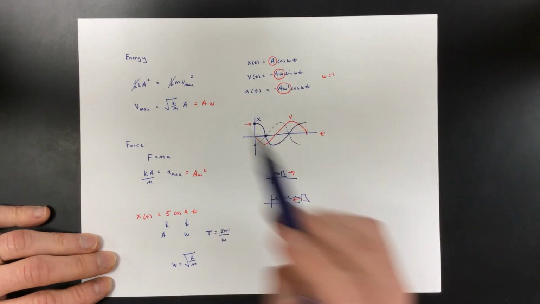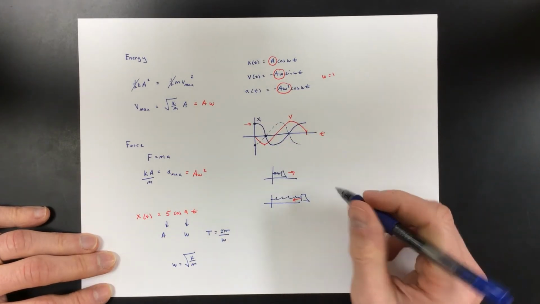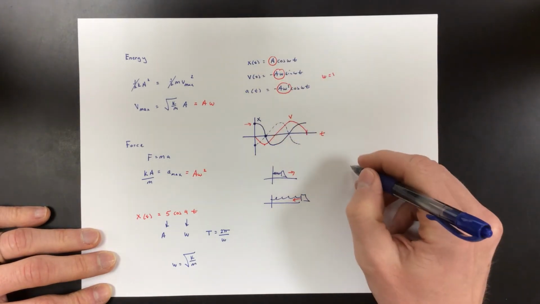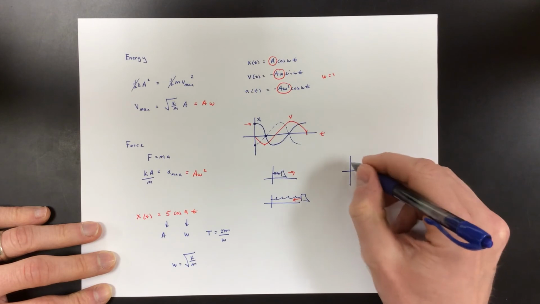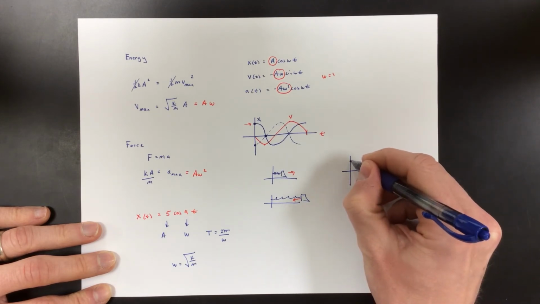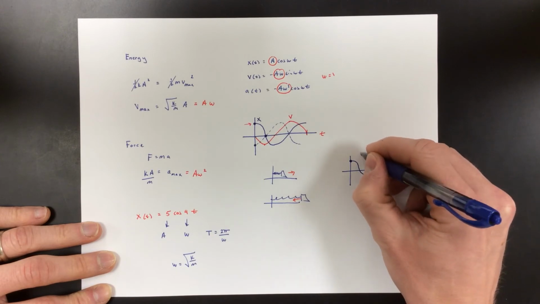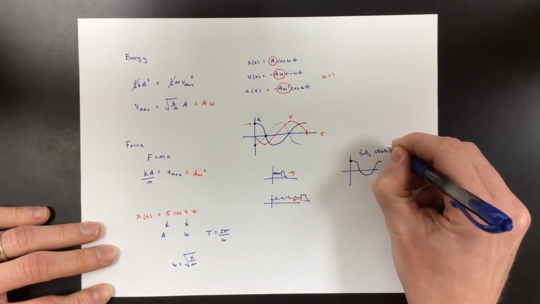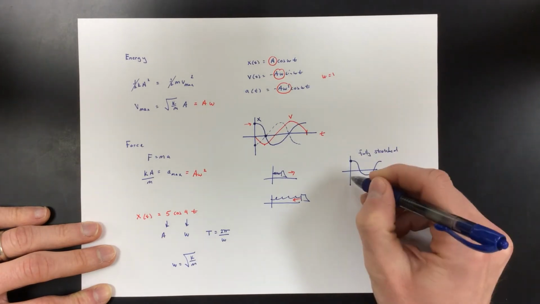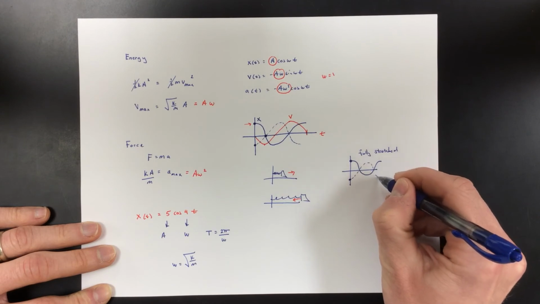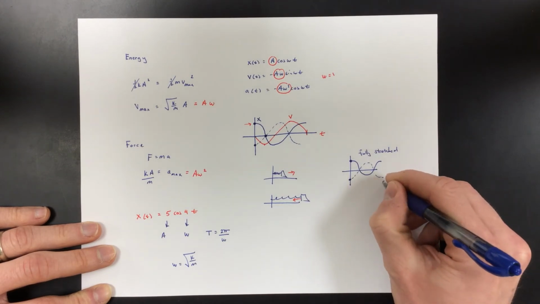The last connection I want to make is, some people ask, how do I know whether x is a cosine or x should be a sine? If you just think about the curves, if x is a cosine, it started at a full amplitude, which means if it's fully stretched, you're going to use a cosine. If it started and it was fully compressed, then you'd use a negative cosine.